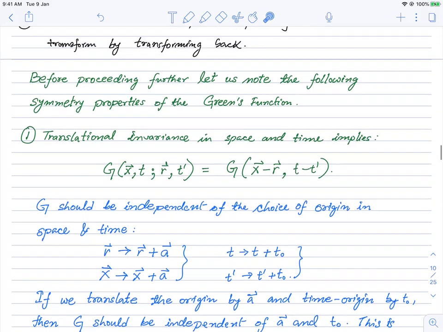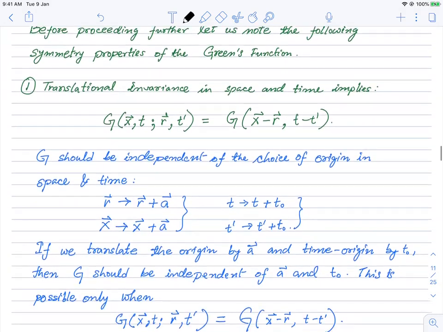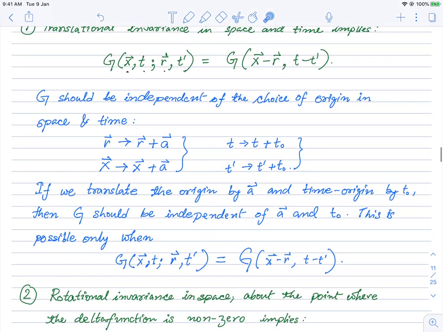The source in this case is a delta function. Again, to be specific, this is a 4-dimensional delta function. I'm just not writing the 4 here, so as not to clutter notation. All these things are invariant under this shift of translations, and therefore you would expect the Green's function also to be invariant. So this is a property of the Green's function: its dependence on x, t and r, t prime should be in this particular way, as differences. That just follows from translational invariance. This is one of the properties.